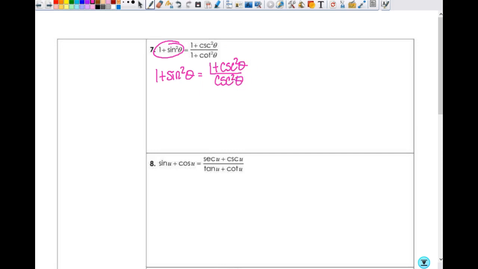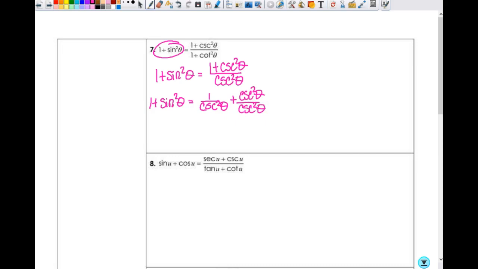Okay? That's one option. Now, at this point, I could do some reciprocal stuff, right? But I'm not going to just yet. Everybody okay with where everything came from? Now I'm going to take this fraction and I'm going to split it. So I'm going to get 1 plus sine squared theta equals 1 over cosecant squared theta plus cosecant squared theta over cosecant squared theta.